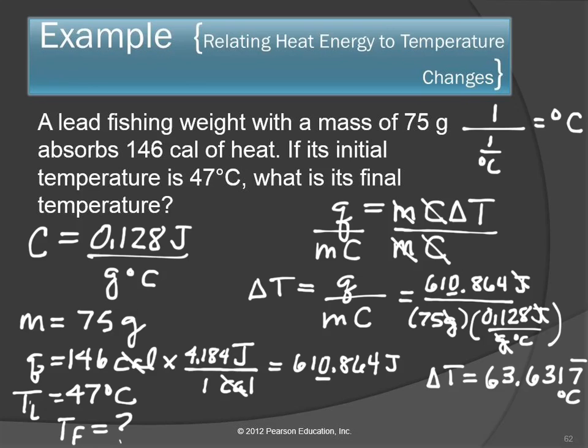So we have the final temperature, we have the change in temperature. Delta T equals T final minus T initial. So what does the final temperature equal? The change in temperature plus the initial temperature. I need to get rid of this copyright thing down here so I can write on top of it.